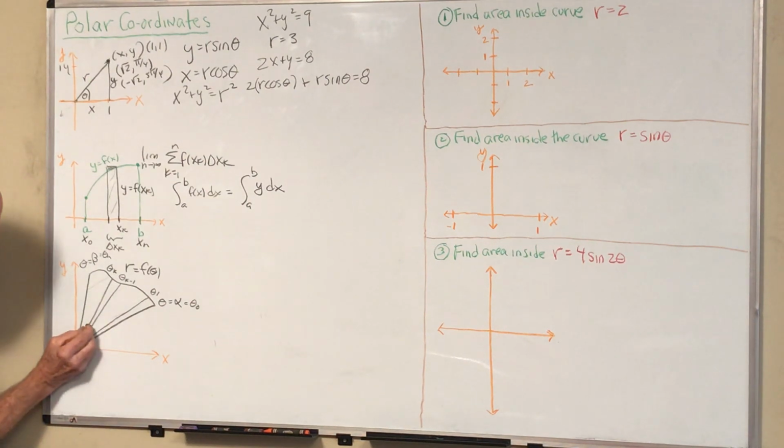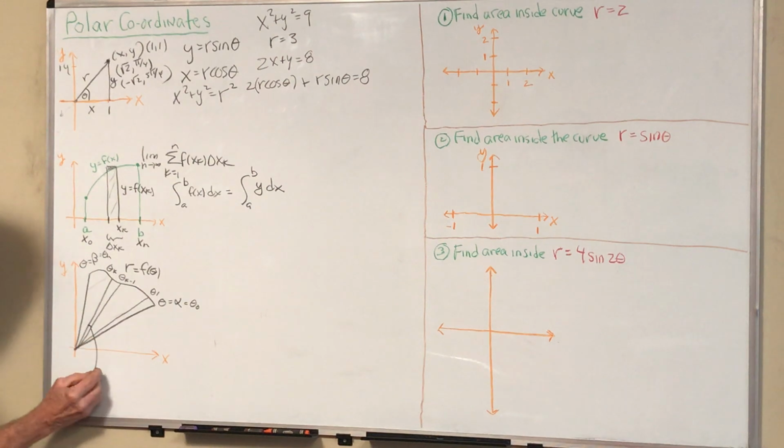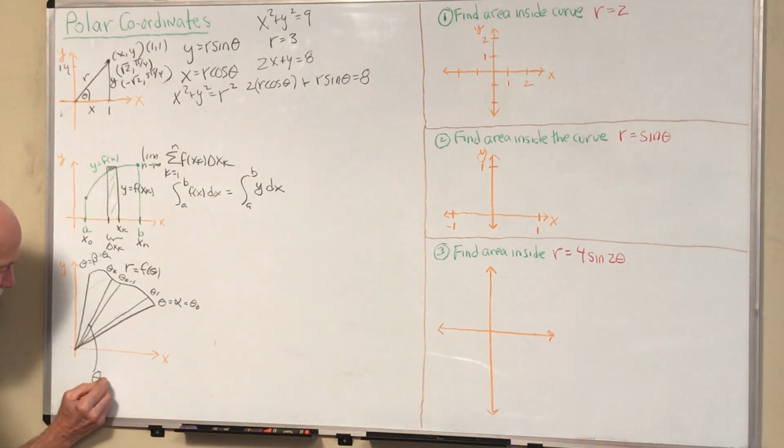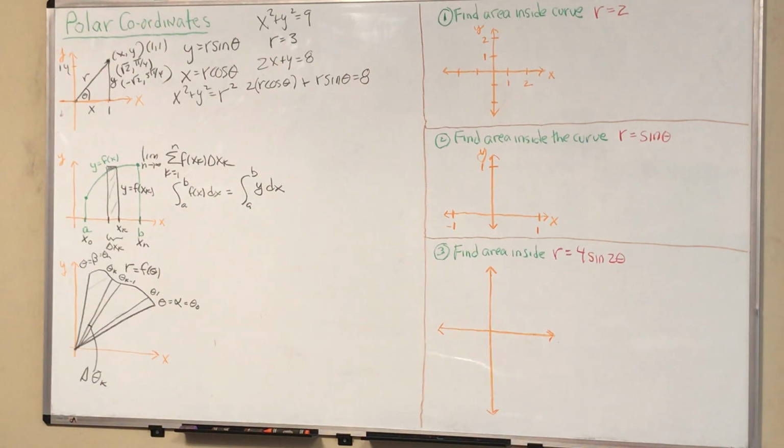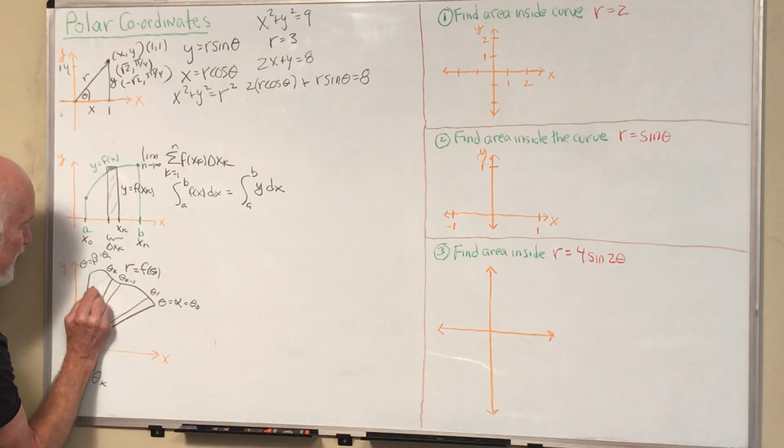And we're going to call the change between those two angles right here delta theta sub k. And then what's the distance out here? That is r, so that's going to be f of theta sub k.